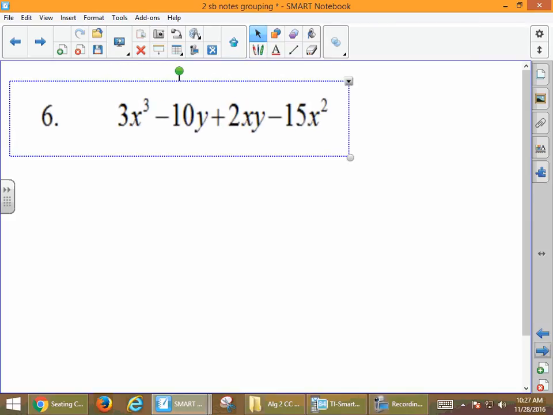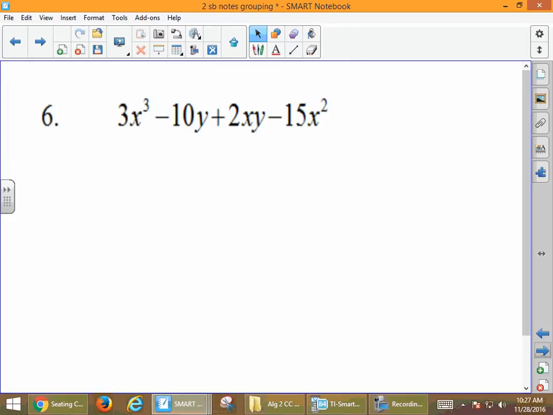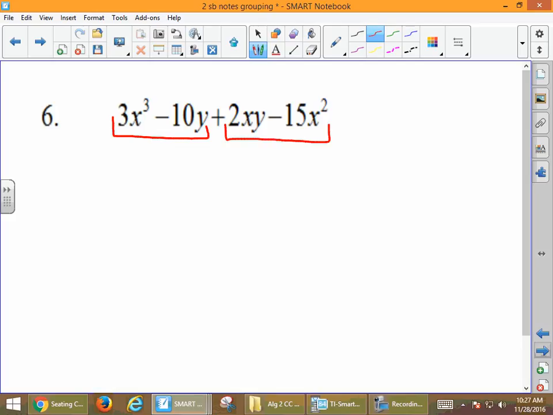Finally, problem number 6. We look, quick glance, we don't have a greatest common factor. And if you're writing in pen, don't write down yet, because look at what happens if we break these into 2 groups here. What's our greatest common factor in the first group? Well, we look at that and we have nothing.